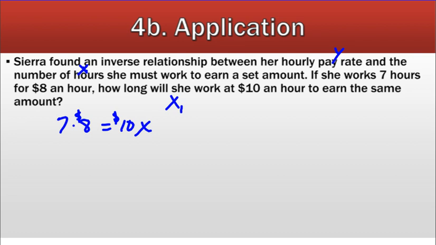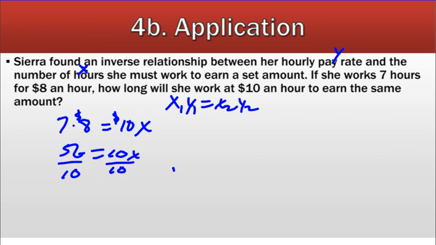So again, we're using x1, y1 equals x2, y2. So 56 equals 10x. Get x by itself, divide by 10. X would be 5.6 hours. And since everything is in hours, you should have your answer in hours. So 5.6 hours. That's our lesson today on inverse variation.